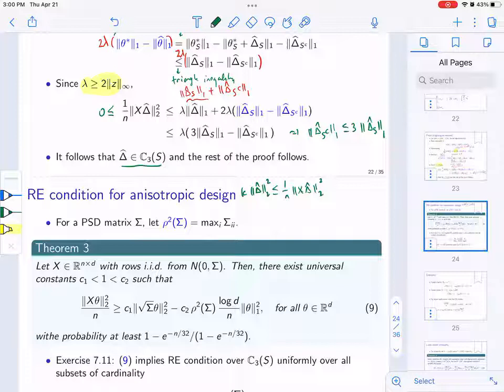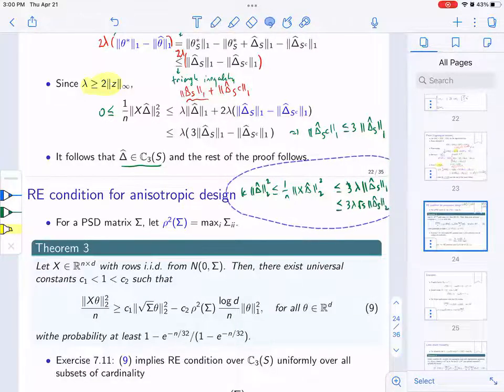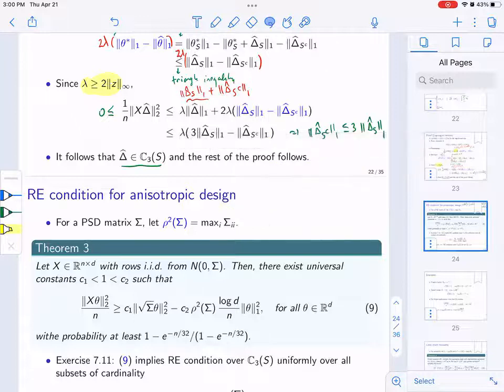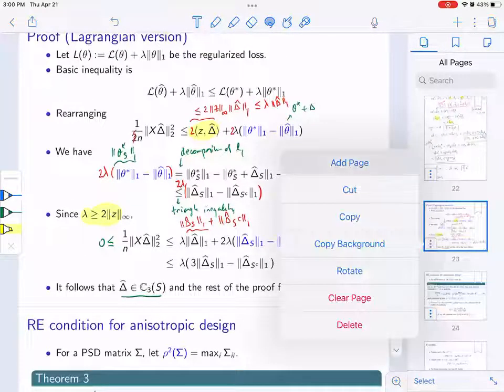And it's going to be bounded by 3 lambda times delta hat S1, which is further bounded by root S delta hat S2. Maybe let me do it here.